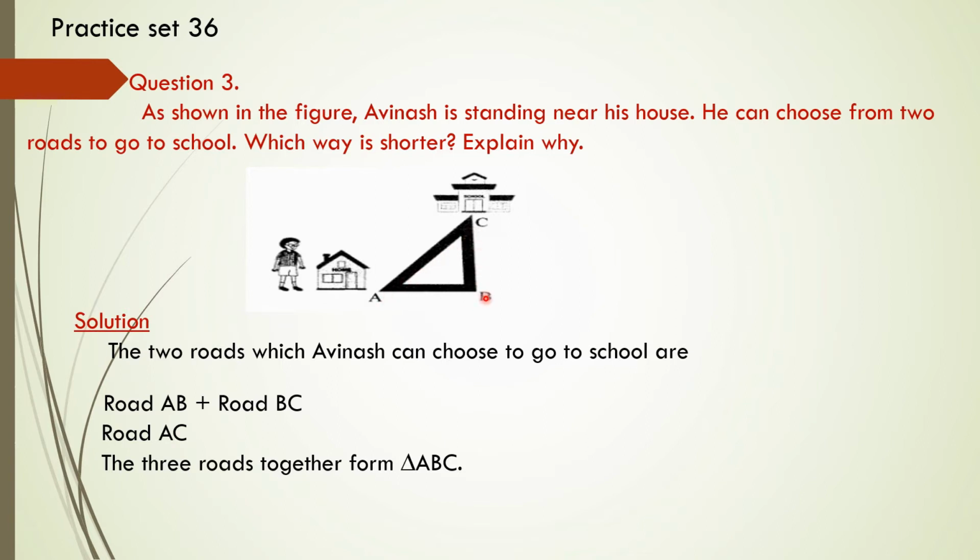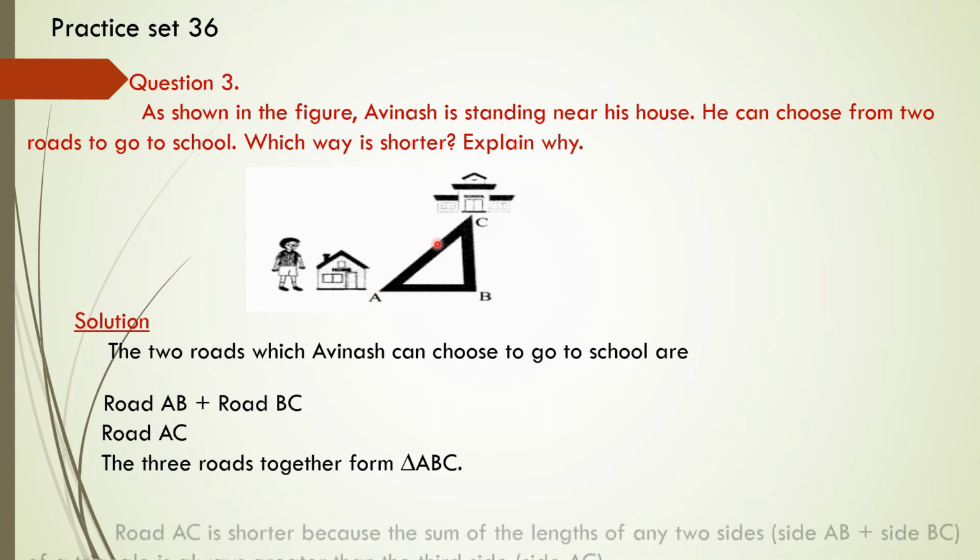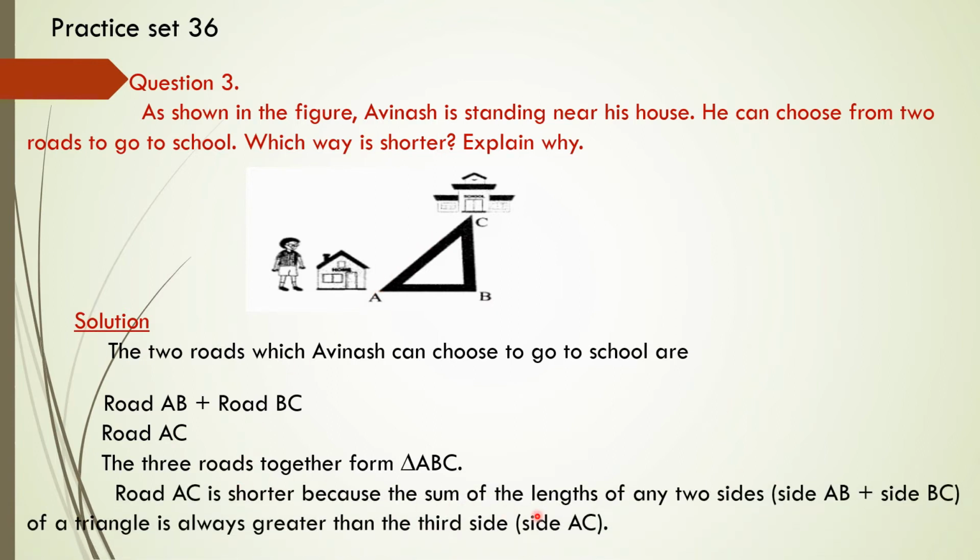Therefore road AC is the shorter, because the sum of the lengths of any two sides of a triangle is always greater than the third side. That is, side AB plus side BC is greater than side AC. Therefore, road AC is the shorter distance.